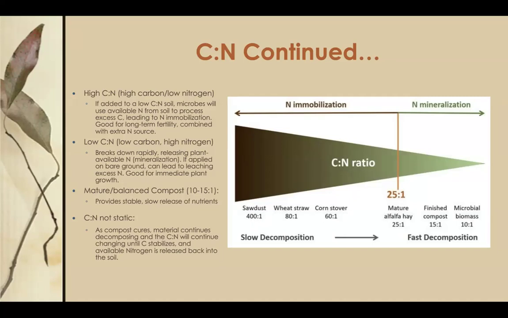Whereas the lower the number, the less carbon there is, the more nitrogen there is. So you've got certain materials like blood meal that's going to be like a 5 to 1, something like that. So it's vastly different. When we talk about finished compost, we are talking about something that's going to be more like 10 to 15 to 1. And that number, like I said, is going to change.